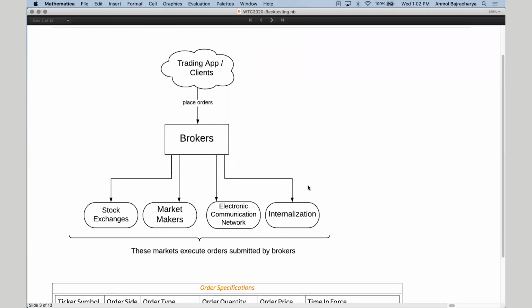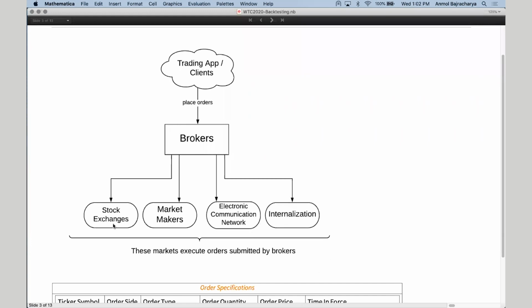So when you place a trade through a trading app, what happens? Once a trade is placed, it goes to brokers, right? Brokers have their order room, and brokers have an option to send your orders for execution to various markets. There are mainly four markets.